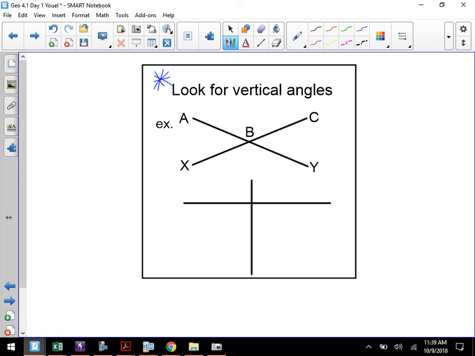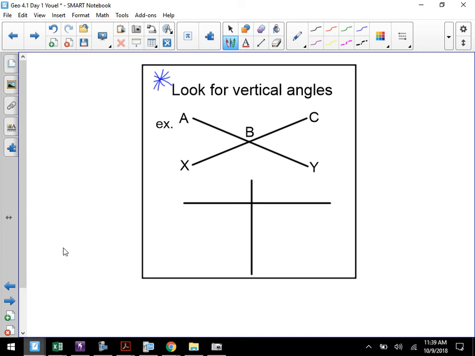Well, what do you know about vertical angles? They're when the lines intersect, but more specifically, what about their values? Yeah, they're congruent. Vertical angles are always equal to each other.